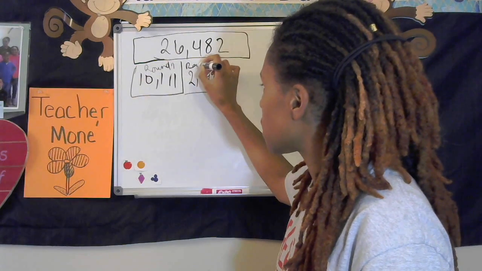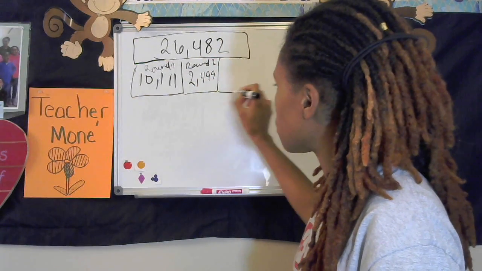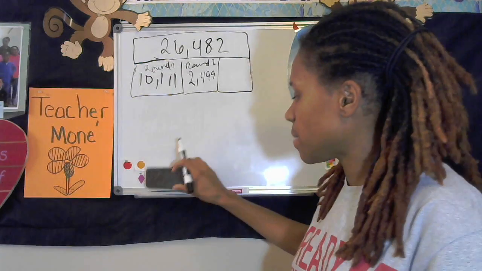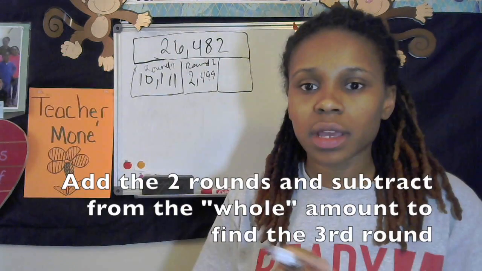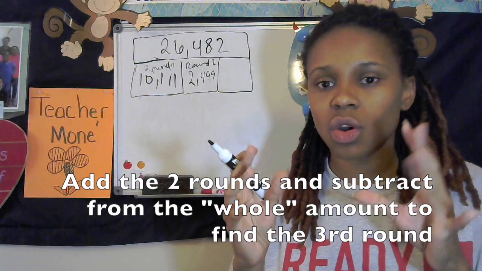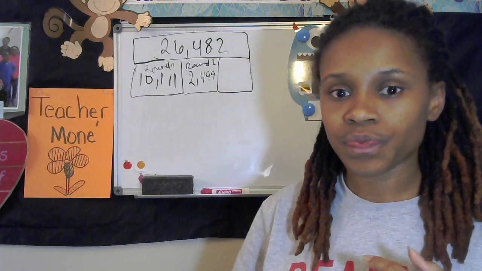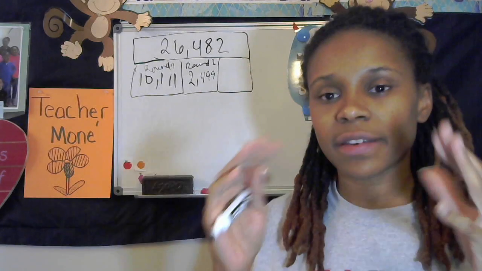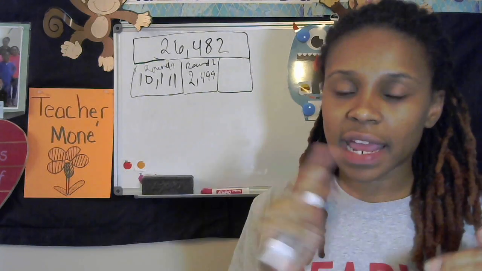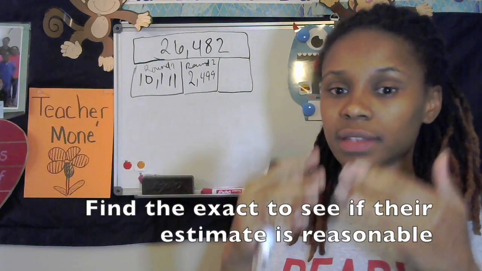Okay. And then they have to figure out how many people came in the third round of people to fill in this whole arena. So they're asking them to round these numbers and figure out an estimate, and then after that they need to go back and figure out the exact amount.